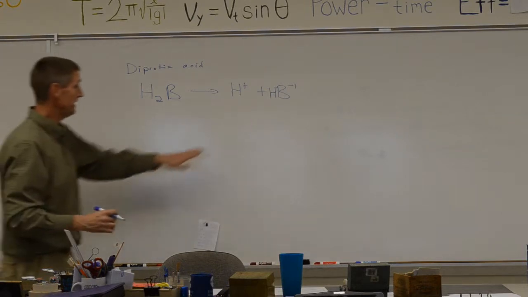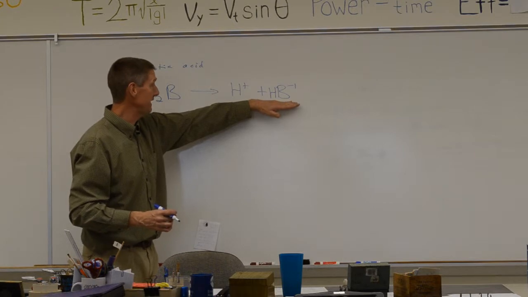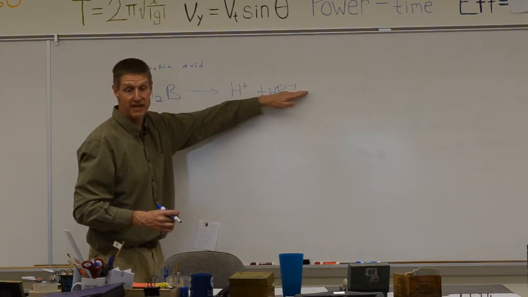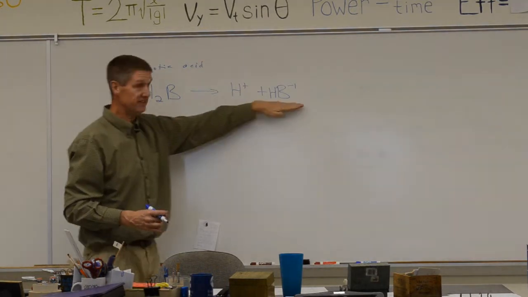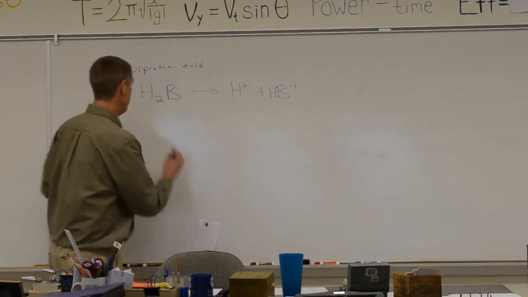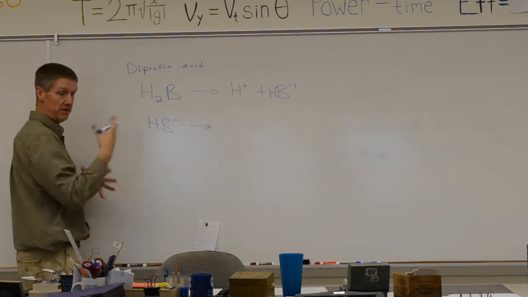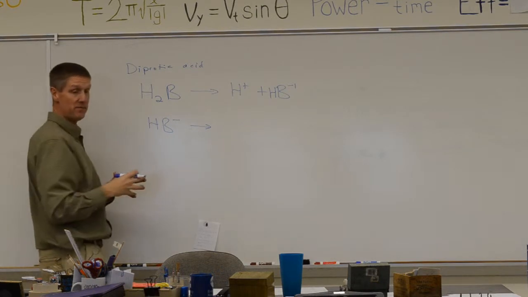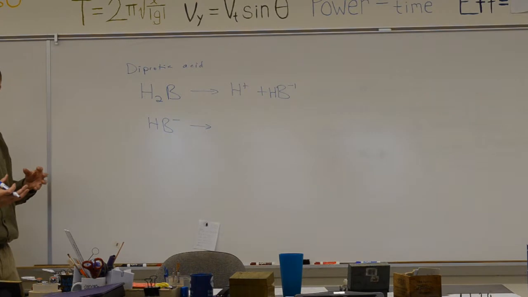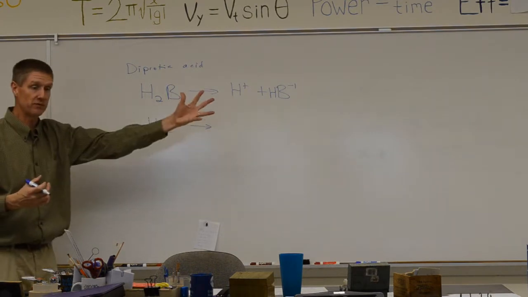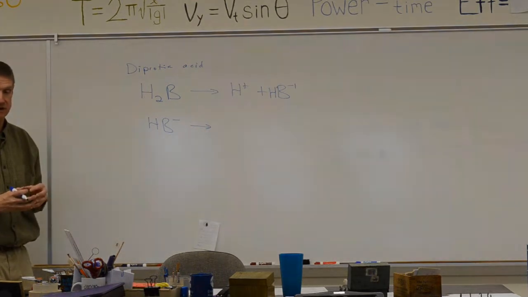okay? And forming this intermediate particle in the dissolving process, HB with a -1 charge. Why does it have to be negative? Well, because if you lose an H positive and you start off neutral, then this will be negative, okay? That fellow will then eventually break apart. It may take more time depending upon what it is. Some of the diprotics will lose their first proton really easily, and then, wow, it takes forever to lose their second proton.